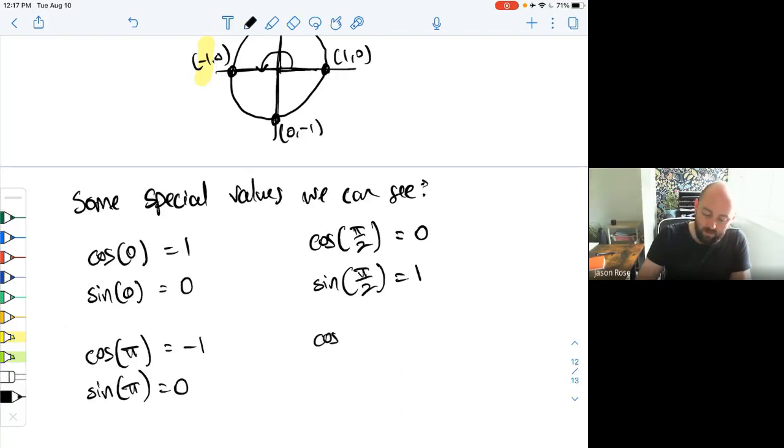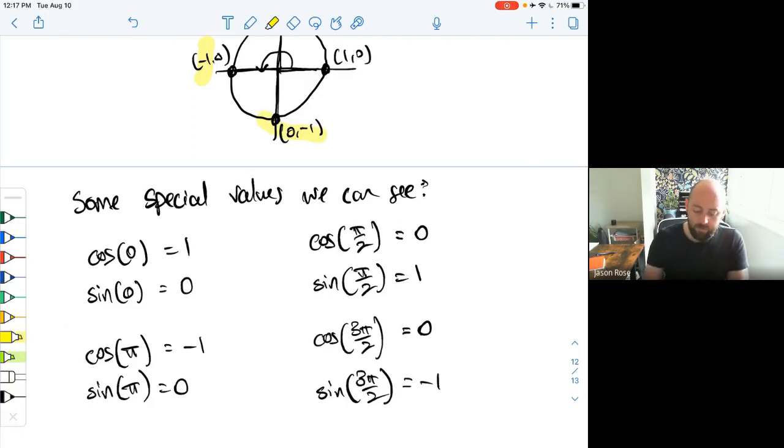Let's go to the next one. Cosine of 3 pi over 2 will be 0, and sine of 3 pi over 2 will be -1. So this time, I'm reading those from here. 3 pi over 2 radians would be this angle here. Cosine of 3 pi over 2 radians is the x coordinate, which is 0, and sine of 3 pi over 2 radians is the y coordinate, which is -1.